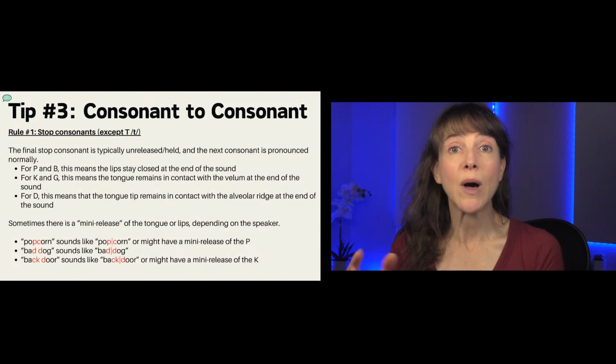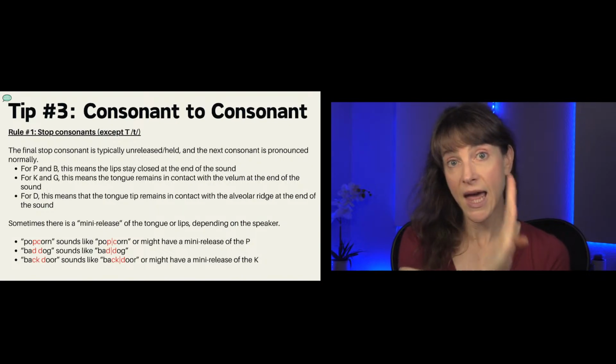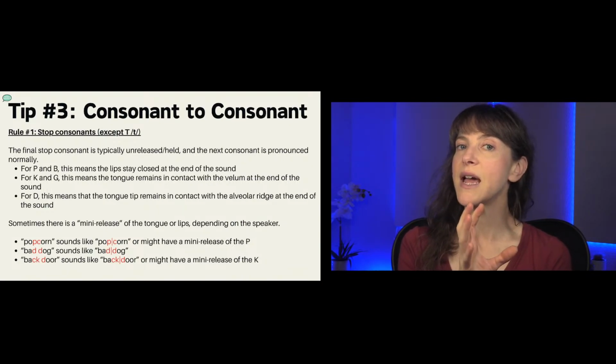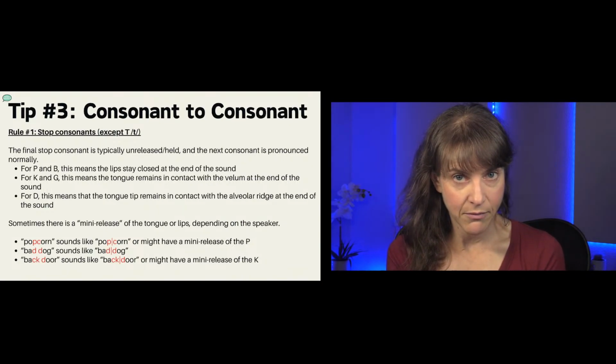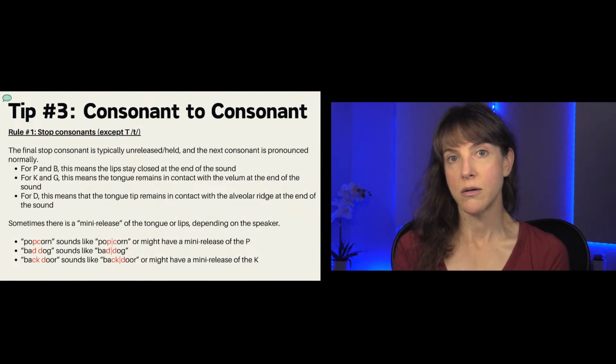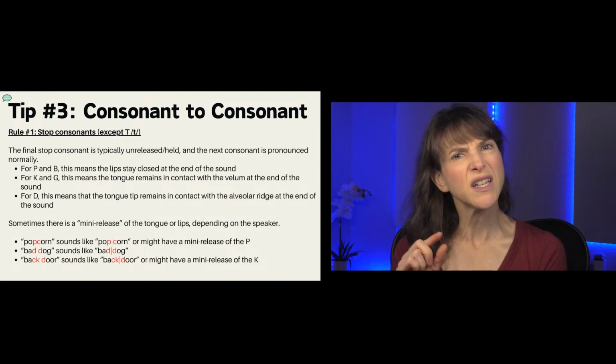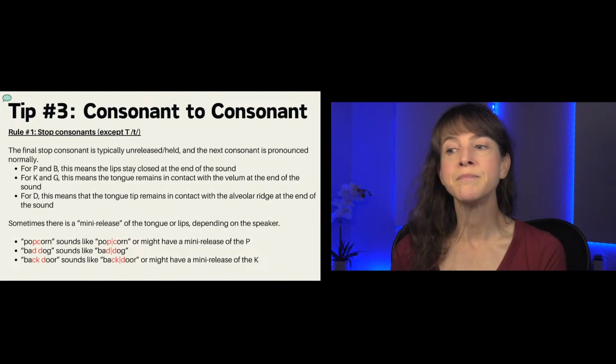So what typically will happen is that stop consonant will be unreleased or held, and then the K, or whatever consonant comes next, will be pronounced normally. Popcorn. It's not popcorn, pop. You don't have that full release. You might have a small release, popcorn, just a little one, but maybe not.